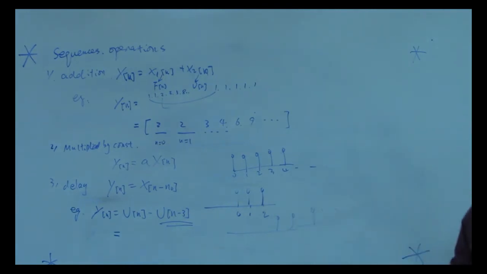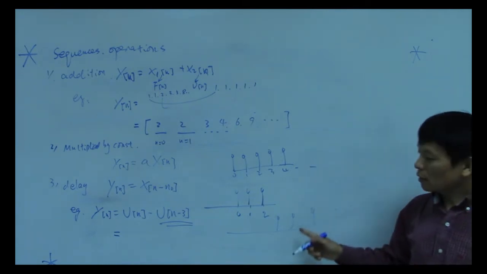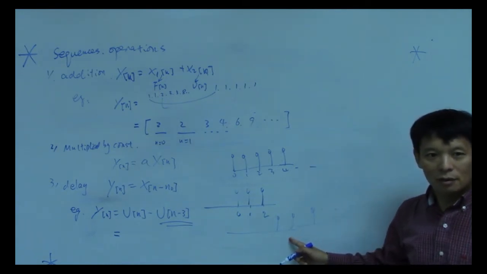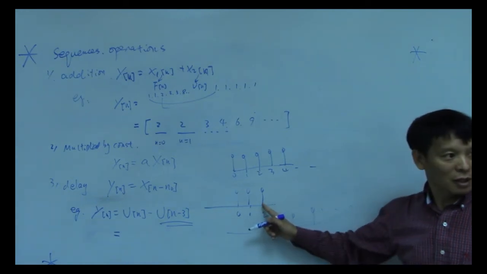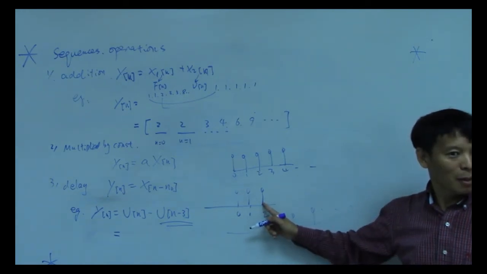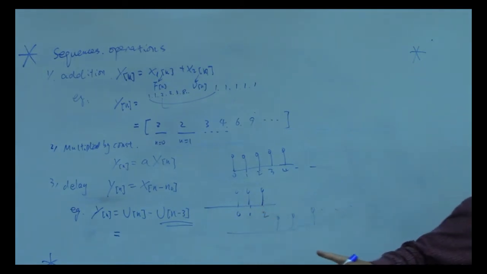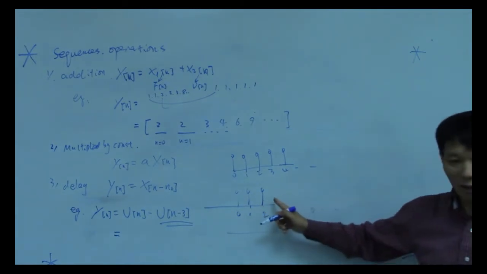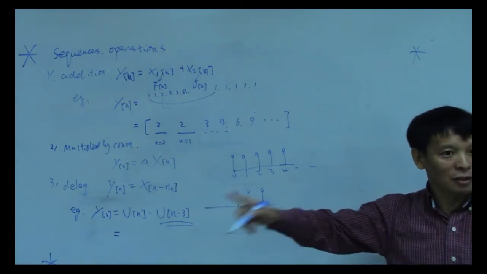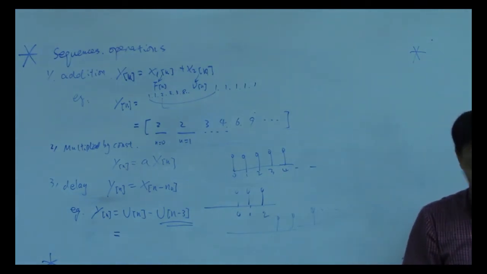Now this one minus this. Is this what you get? Yes, so this one is correct. This one is the output of u[n] minus u[n minus 3].